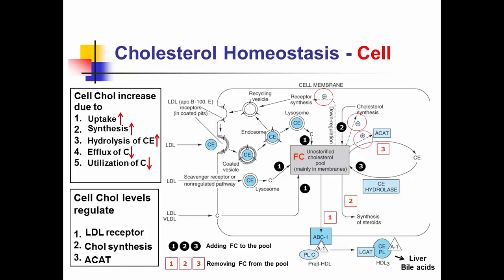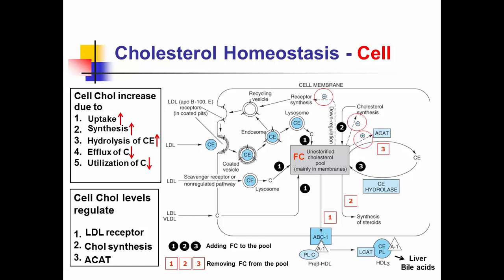And efflux of free cholesterol. Free cholesterol inside of the cell can be picked up, remember, by the beta HDL, to remove the free cholesterol from peripheral tissue to the liver. And there is a transport protein, ABCA1, which is very important; it can transfer free cholesterol from the cell and upload it to beta HDL and eventually to the liver for disposal.